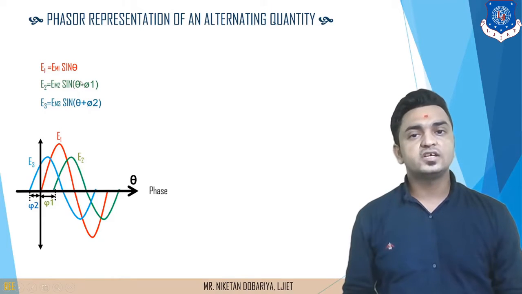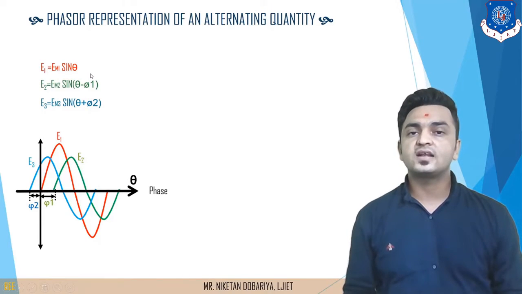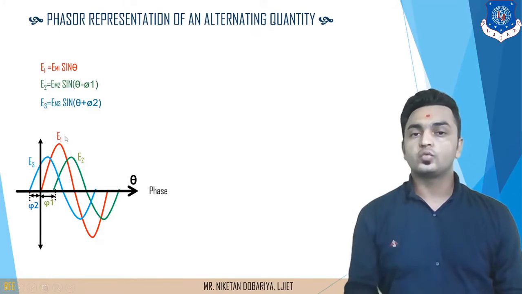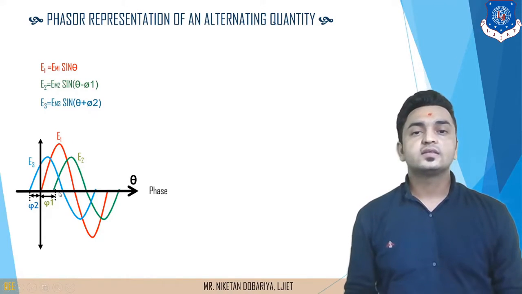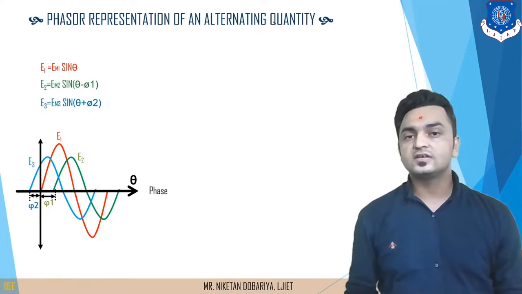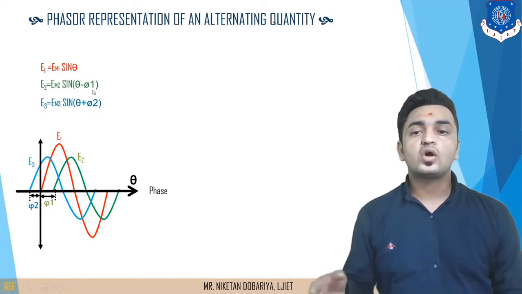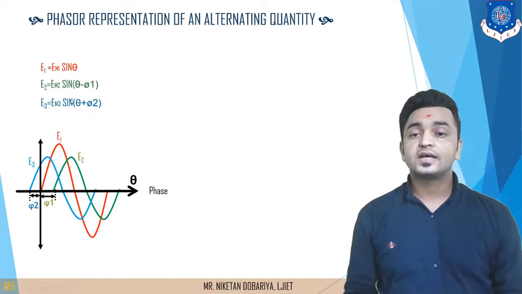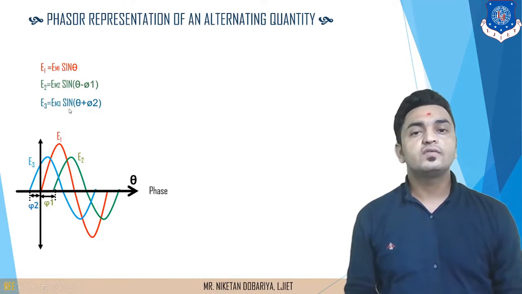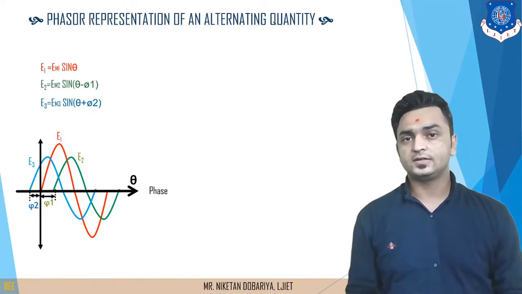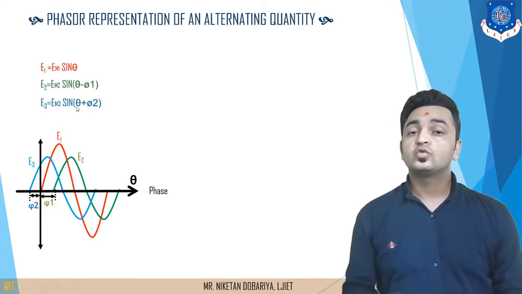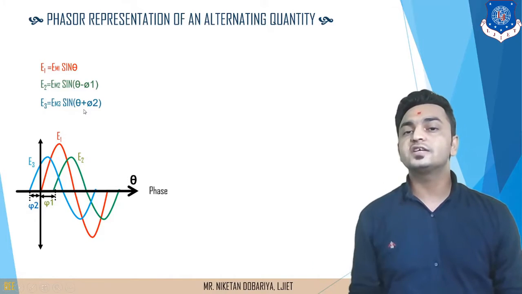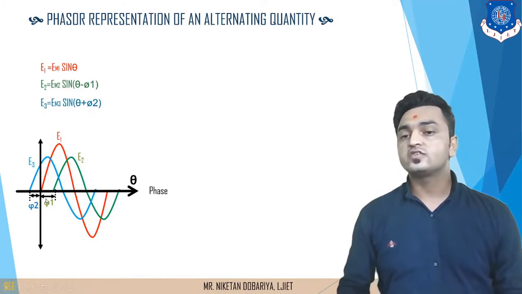If after theta there is some minus angle as shown in the second equation, here we have minus phi 1, that is starting after 0, meaning the second, green waveform starts after 0, and after what angle is mentioned over here, phi 1, so phi 1 is lagging. And if, as given in the third equation, the angle is plus phi, here plus phi 2, then the waveform will start before 0 as shown in the third waveform, the blue colored waveform of E3.